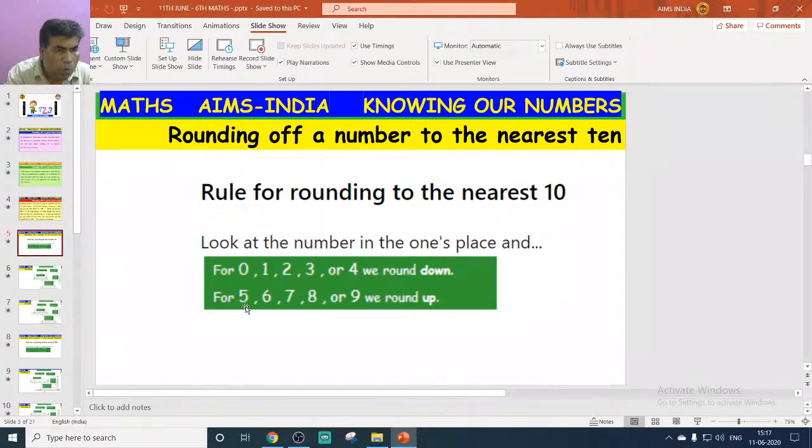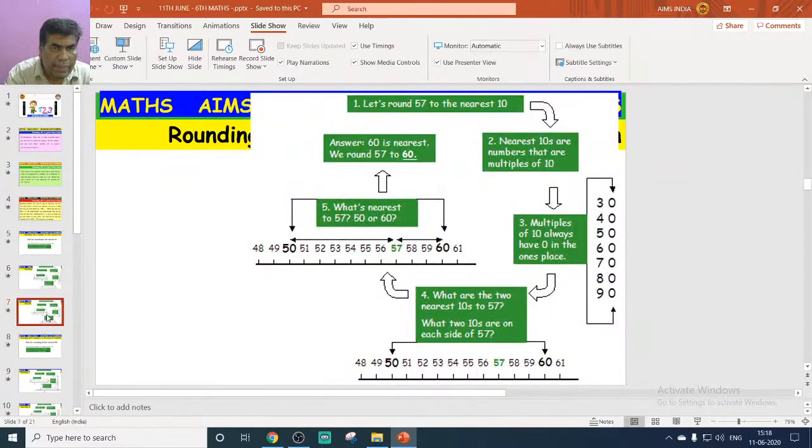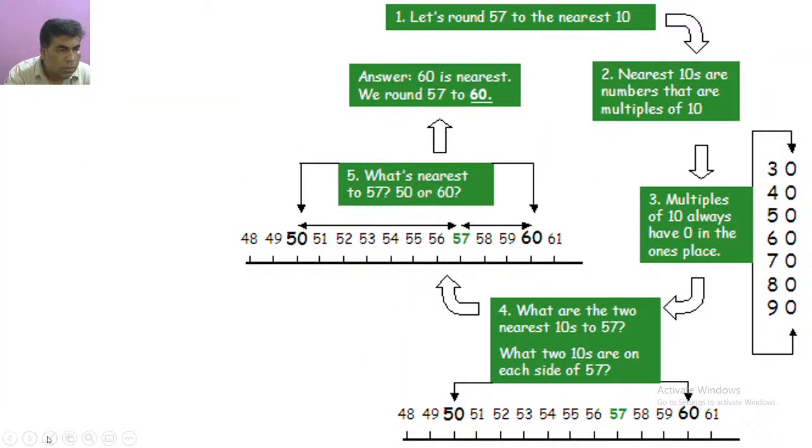If we have 5, 6, 7, 8, 9 in the units place, we have to round up. So that's why, for 45, the nearest 10 is 50.